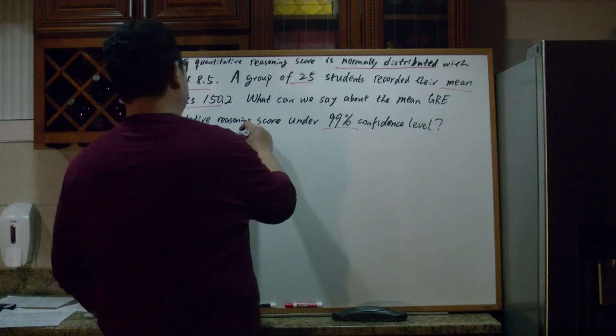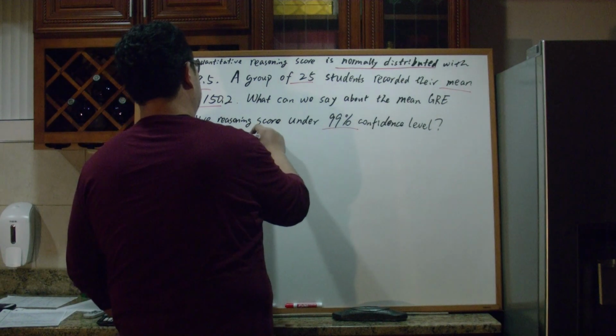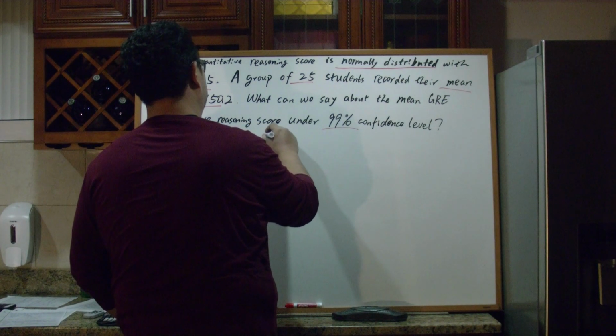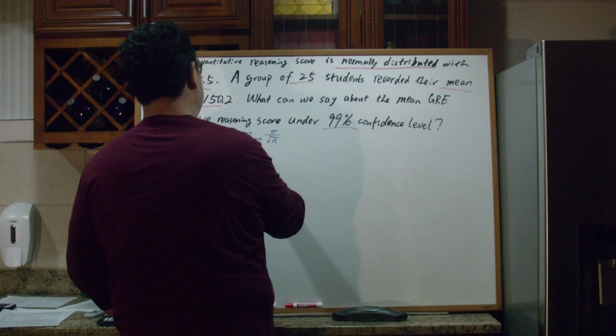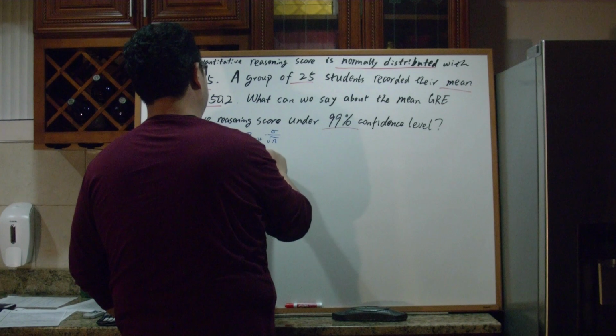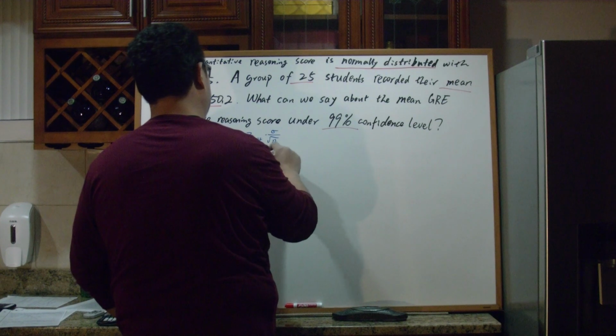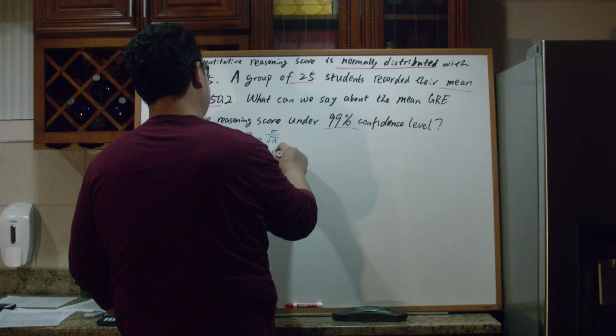The E is the critical z-score times the population standard deviation over radical n, where the critical z-score is 2.58. Population standard deviation 8.5 over radical of 25.